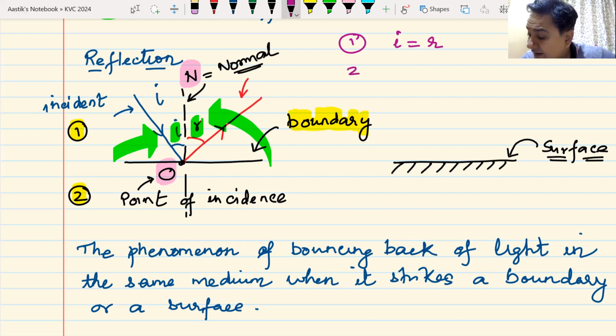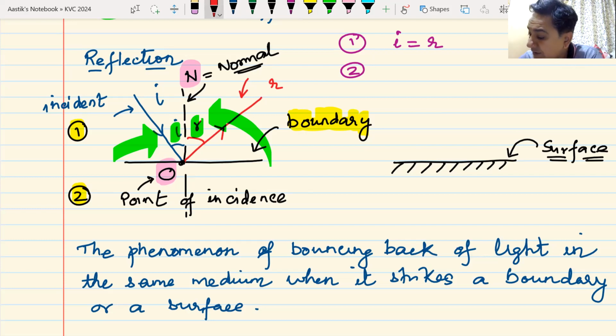Then what is the second law of reflection? What is the second law of reflection, beta? These three rays lie in the same plane. Which three rays?